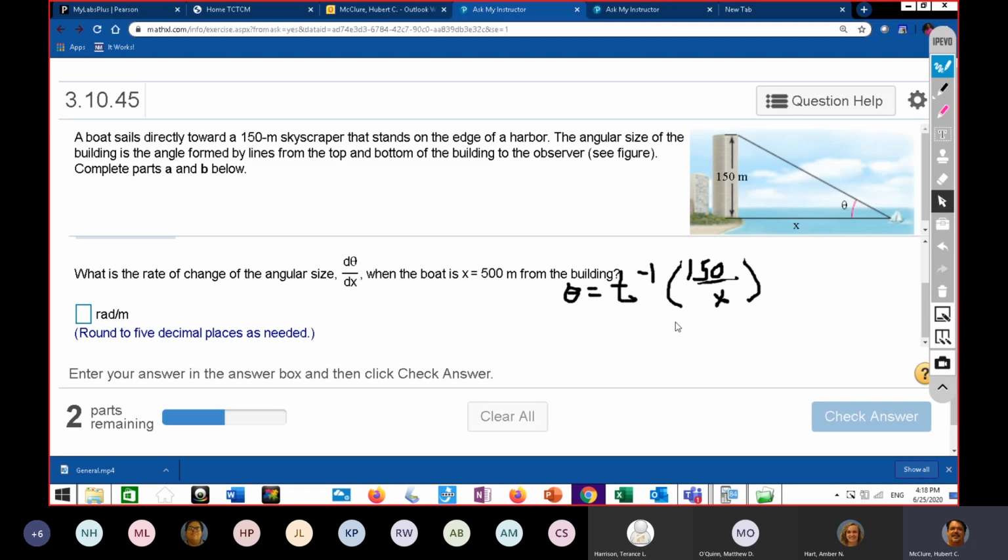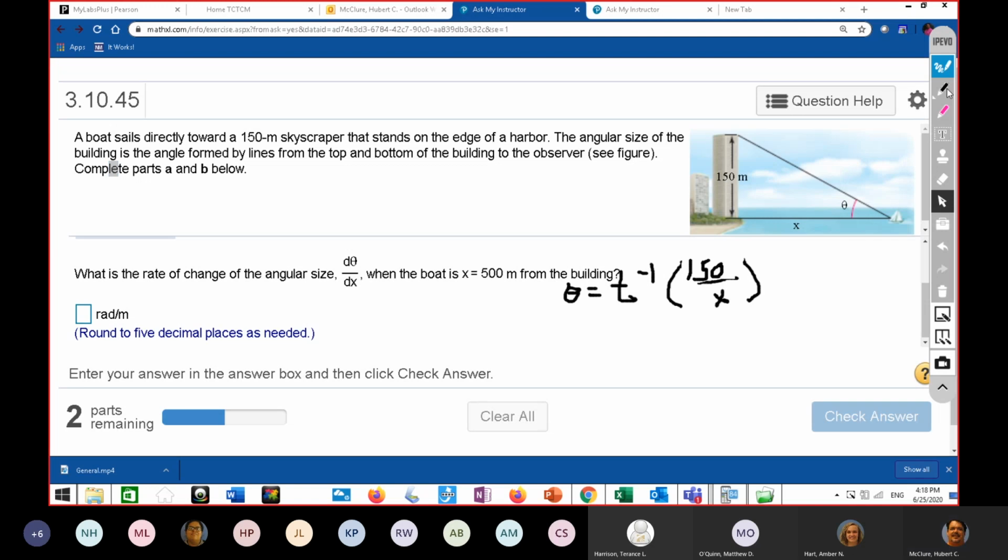So d theta dx is going to be equal to, now we do know that the inverse tan, remember that's the one without the radical, okay? So that's 1 over 1 plus x squared.